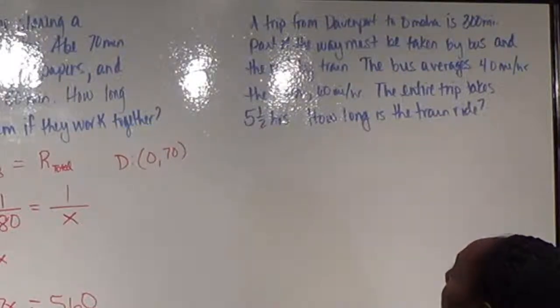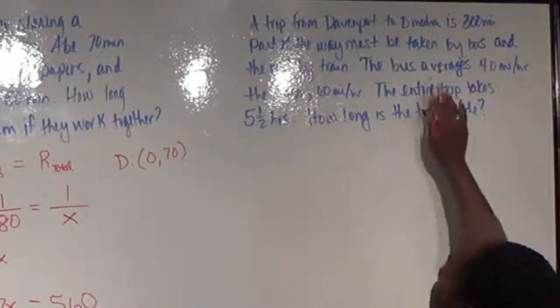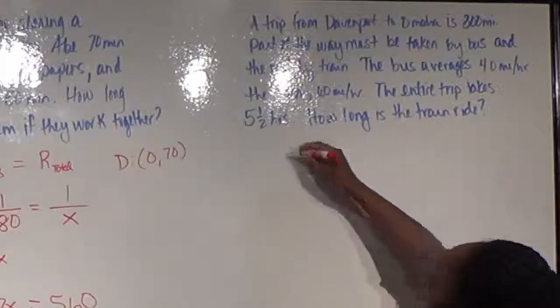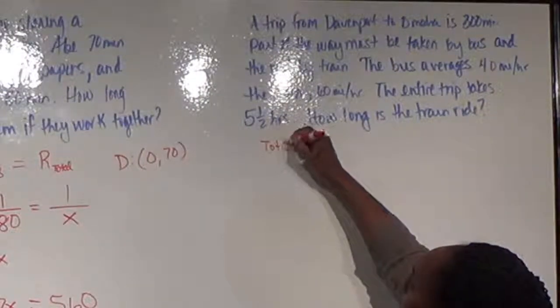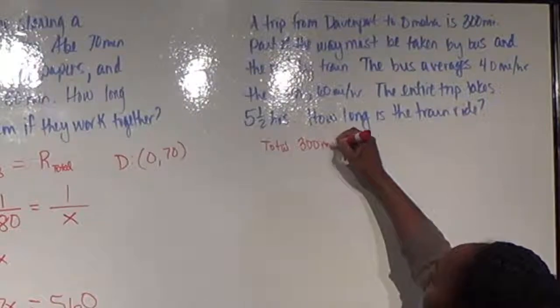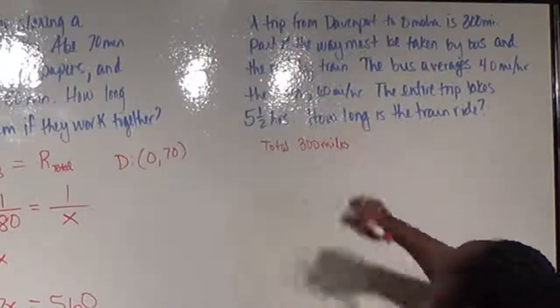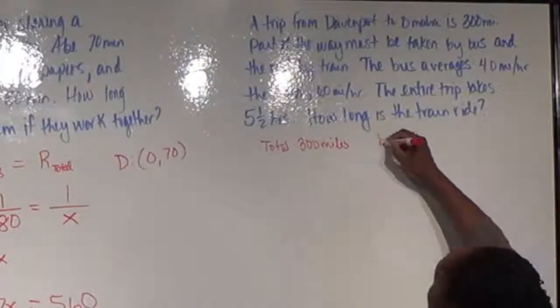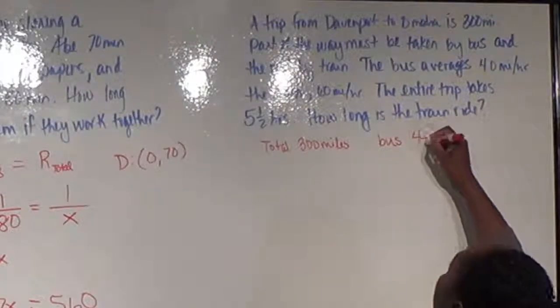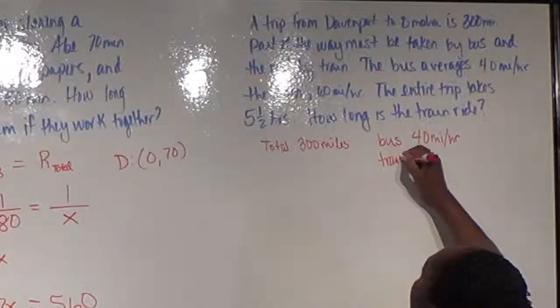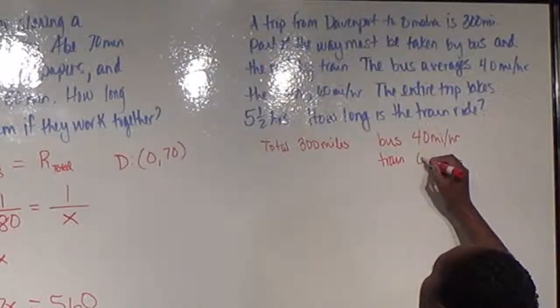Okay, so in this case, again, we'll pull out the information we know. So we know it's a total of 300 miles. We know the bus, 40 miles per hour. Train, 60 miles per hour.